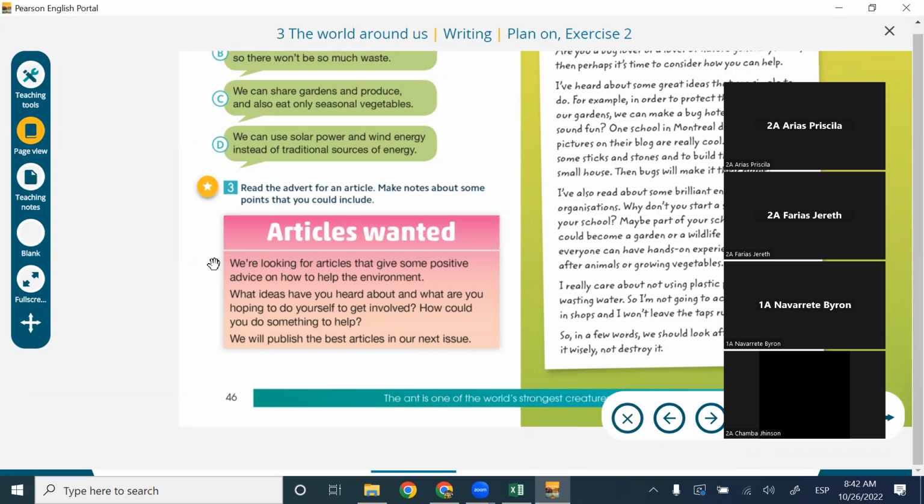Everybody, please circle positive advice. Positive advice and help the environment. Attention to this. Articles wanted, positive advice, help the environment. Continue.